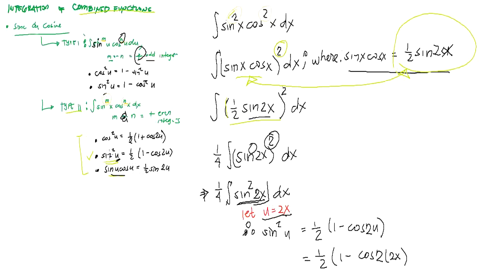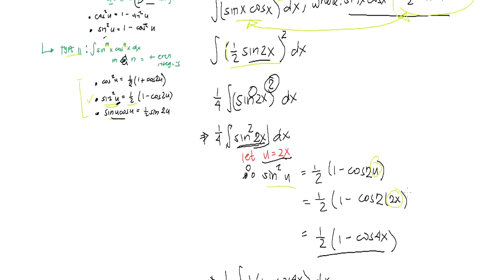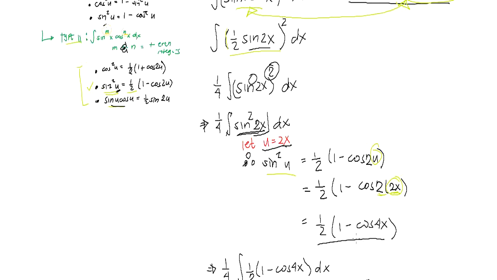If we let u equal 2x, then sine squared u is equal to 1/2 times 1 minus cosine 2u, and bringing back the value of u, we multiply 2 times 2x and have cosine 4x.